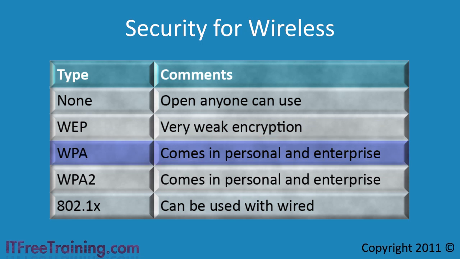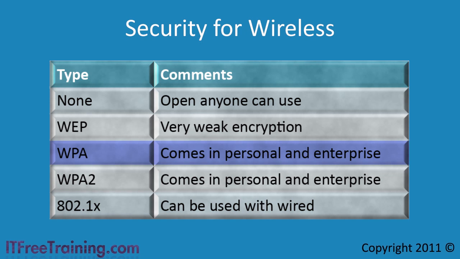The next security method you can place on wireless is WPA. This comes in two editions, Personal Edition and the Enterprise Edition. Essentially, the difference is that the Personal Edition allows you to configure a password on the device. Anyone with that password can use the device.